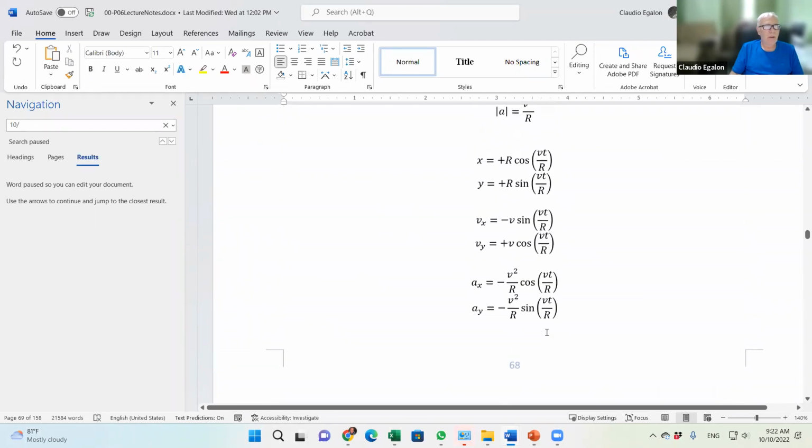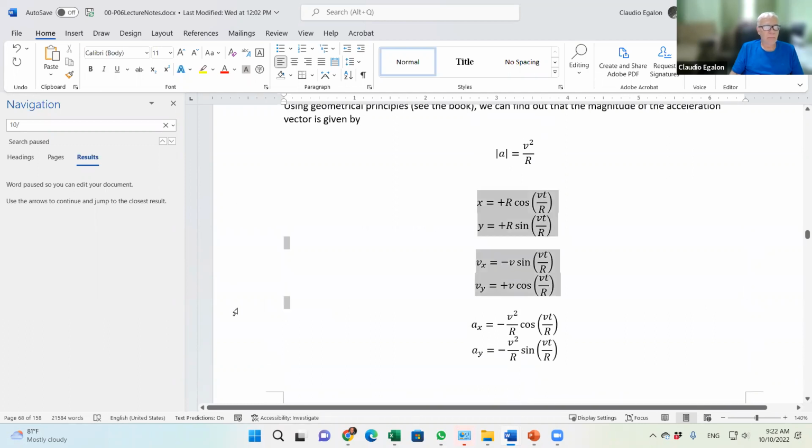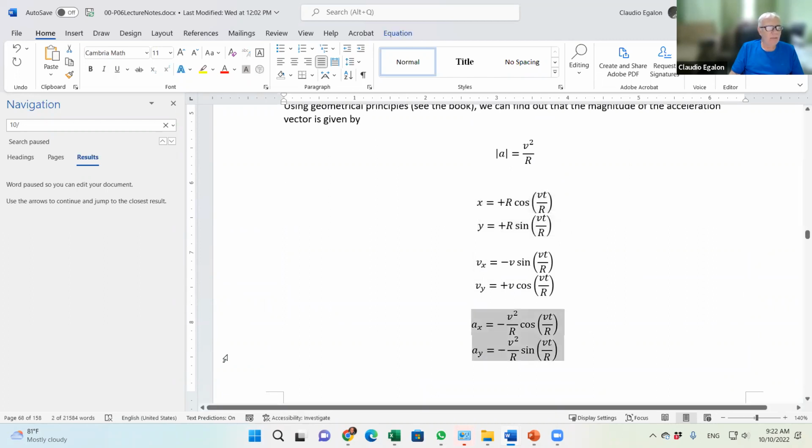So those are the equations of motion. Let's review that again. Here you go. Cosine, sine, cosine. Sine, cosine, sine. Plus, minus, minus. Plus, plus, minus. Here we have the same sign. Here we have the same sign. Here we have a mix of signs, negative and positive.